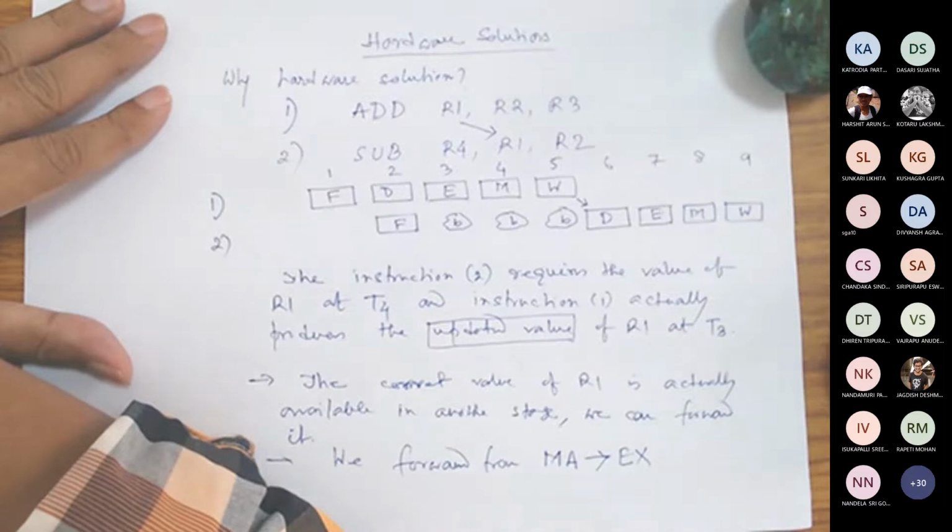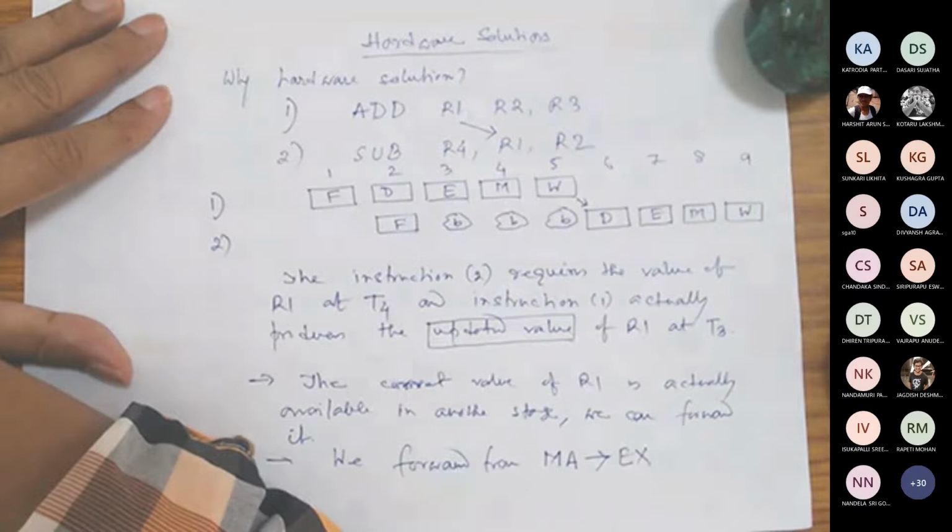So when cycle 4 is getting executed, what happens? The value actually goes from RZ to RY. Yes, that happens, right? RZ to RY.